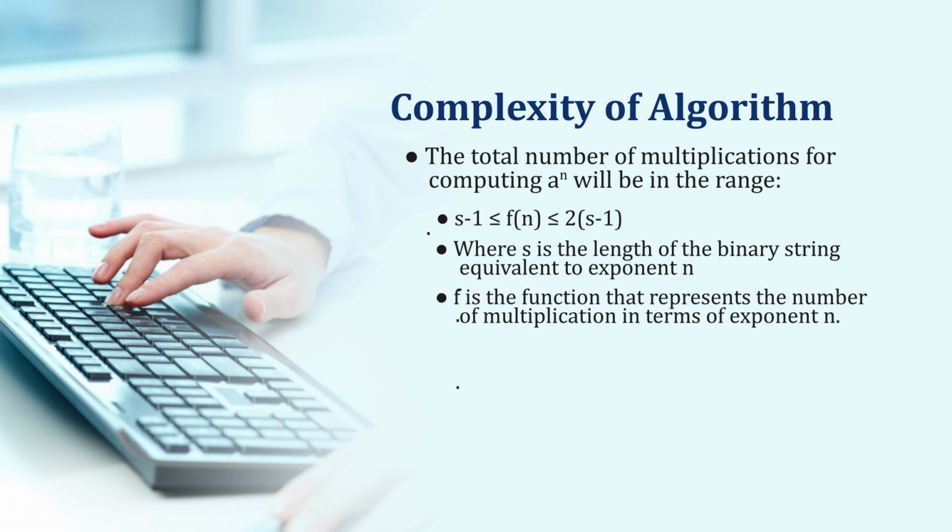For a0, we are just taking the value as a or 1, depending on the value of a0. If it is 0, we are taking it as 1. If a0 is 1, then we are taking it as the value a, right? Where s is the length of the binary string equivalent to the exponent n.